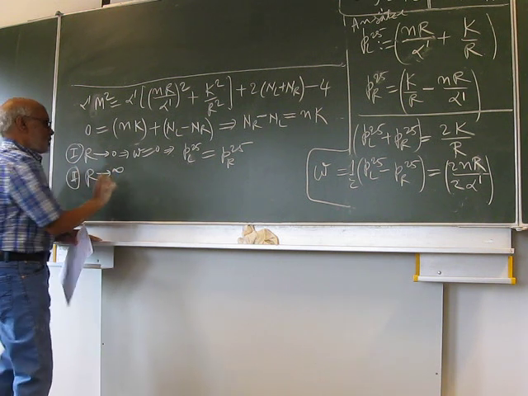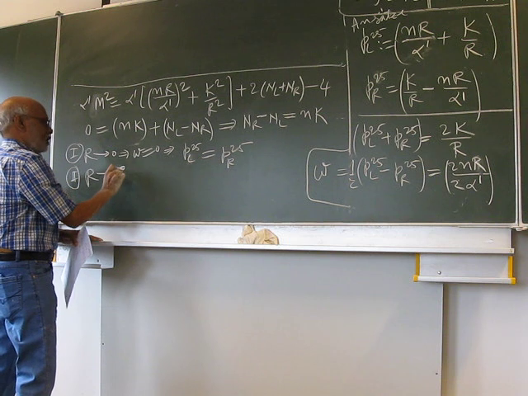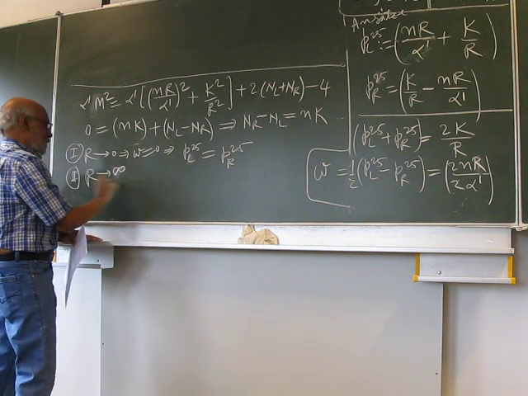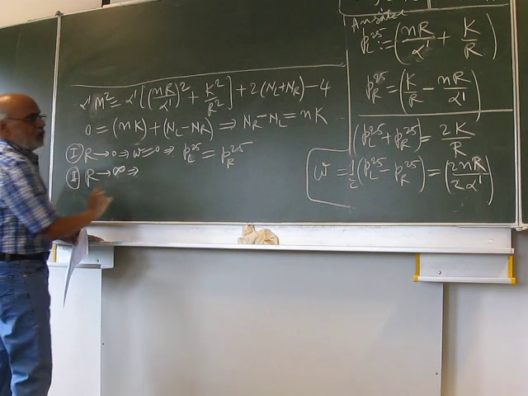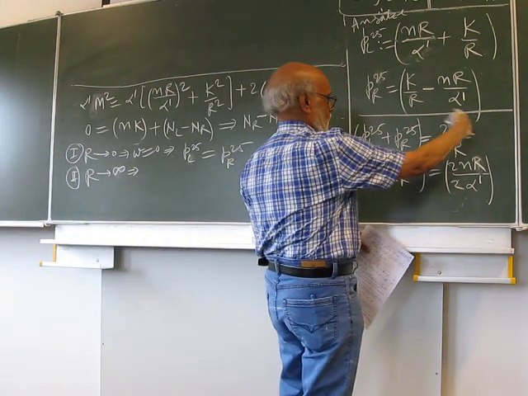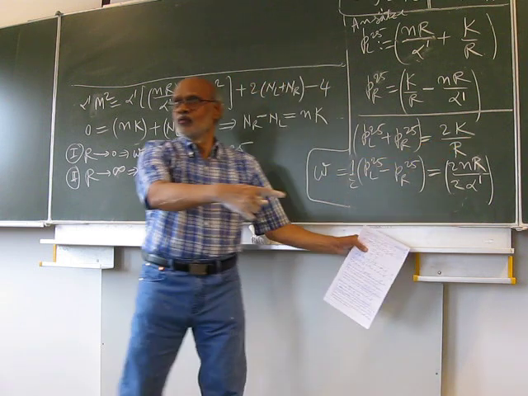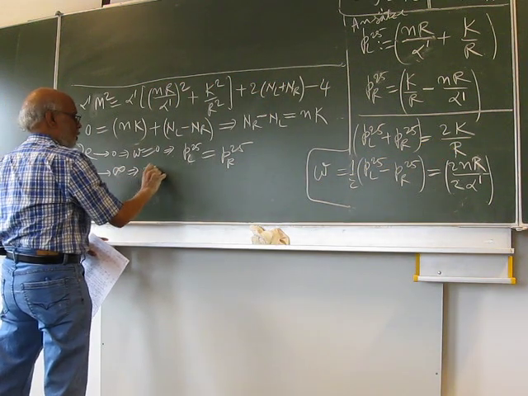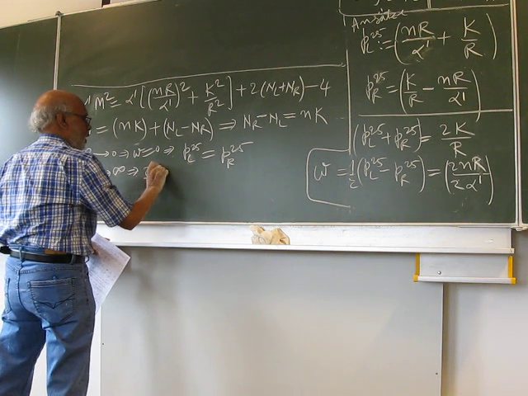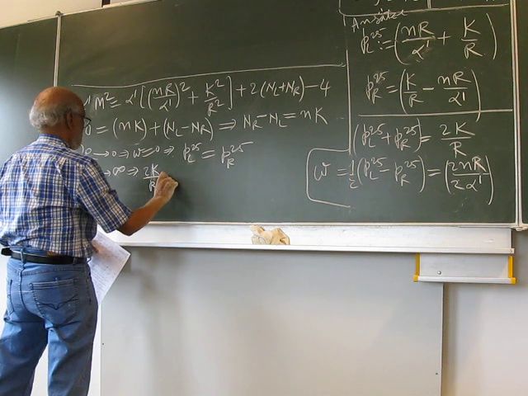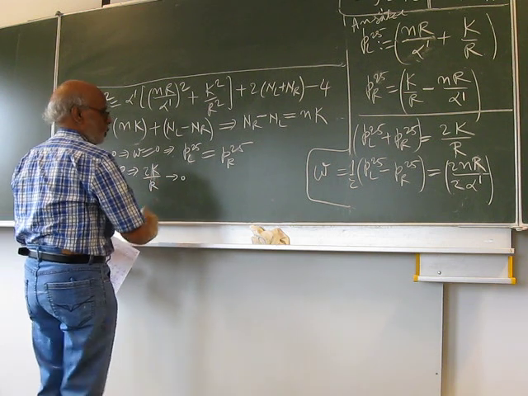Now let us consider what happens when R goes to infinity. When R goes to infinity, what happens? This guy would go to 0. Okay? When R goes to infinity, 2k by R goes to 0.